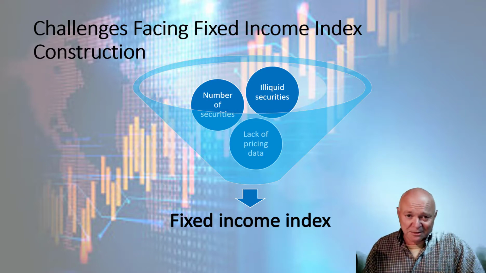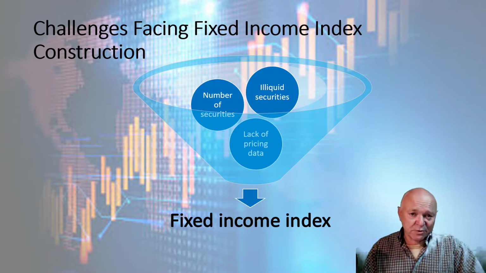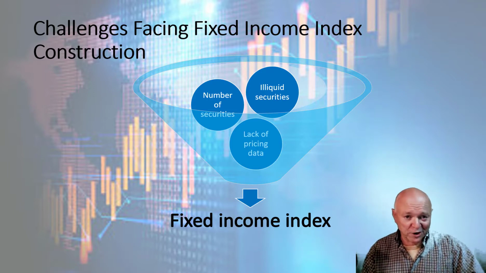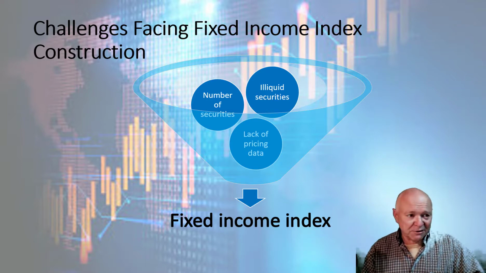It's certainly not as up to the minute, and not all of it's made public. So it's harder to buy and sell bonds, and it's harder to construct bond index information. For a fixed income index, we'd need to know information about the number of securities. We have the problem of securities that don't trade publicly or don't trade at all, and perhaps lack of pricing information. Those are some of the challenges that we have.